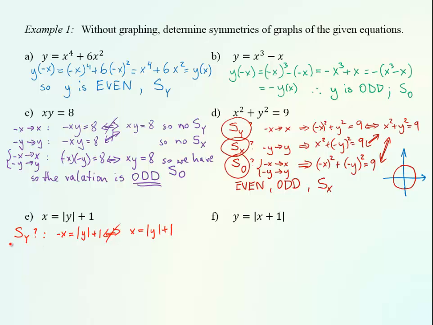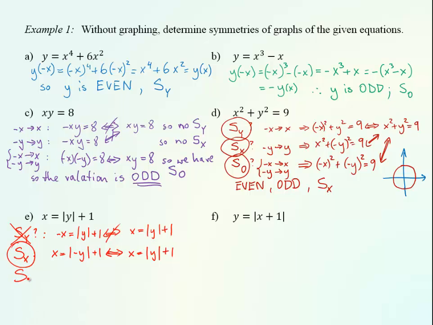So we don't have symmetry in the y-axis. Check symmetry in the x-axis, which means replace y by negative y. So we have x equals absolute value of negative y plus 1. Oh, this time, since the absolute value of negative y is the same as the absolute value of y, yes, it is equivalent to the original equation. So yes, we have symmetry in the x-axis.